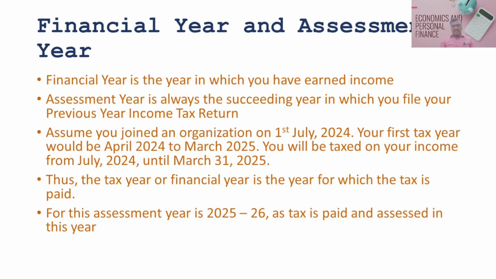So the financial year, or the tax year, for you will be 2024-25. Consequently, the assessment year means your tax will be assessed, examined by the income tax department, in the year 25-26, as this is when the tax is paid and assessed for the previous year. So the tax paying year is the taxation year, or the financial year, and the assessment year is the year next to it.